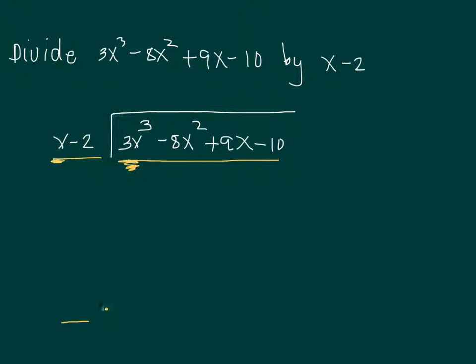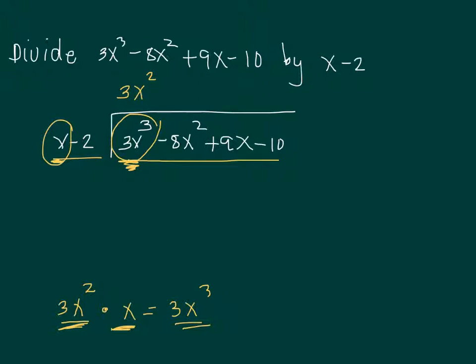I need to multiply something with x so that I will get 3x cubed. So that's the idea. Okay? So in order for you to get 3x cubed, what should you multiply to x? And the answer should be 3x squared, right? To get 3x cubed, you need 3x squared times x. Okay? So that will be the first term of the quotient, so 3x squared.